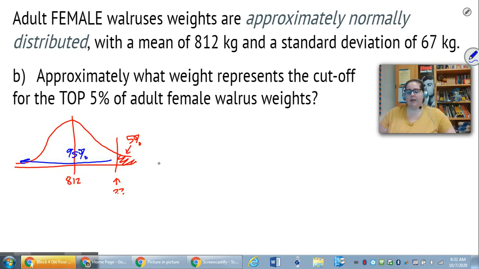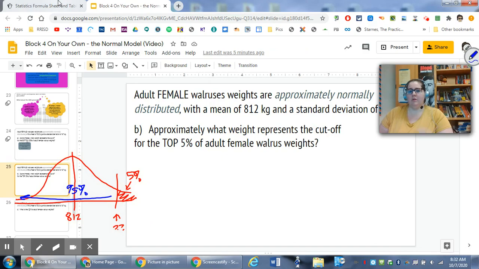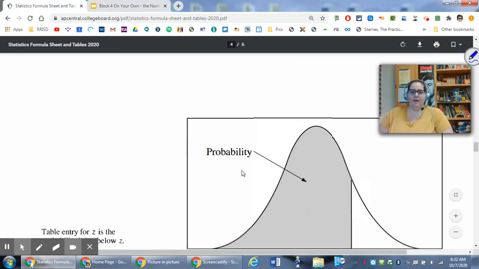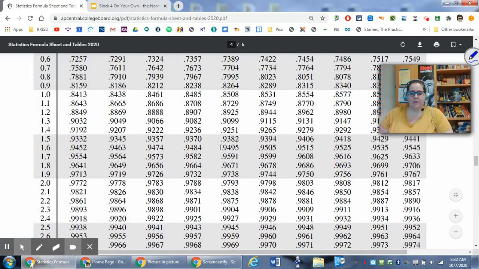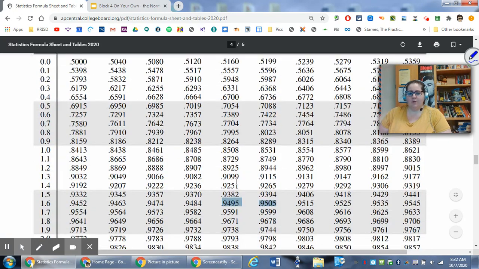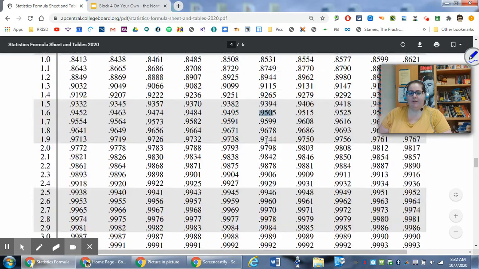So my first step, again, is to go to my z-table and find 0.95, or as close as I can get to it. So I'm looking. We have 0.9495, 0.9505. This is one where your two options are pretty much exactly equally distant from 0.95. So you could use either one. Technically, we would round up to the higher z-score. So I'm going to use 1.65.